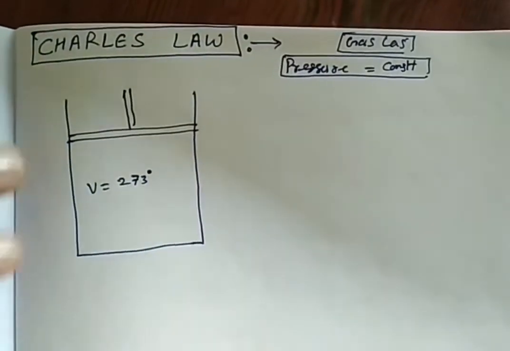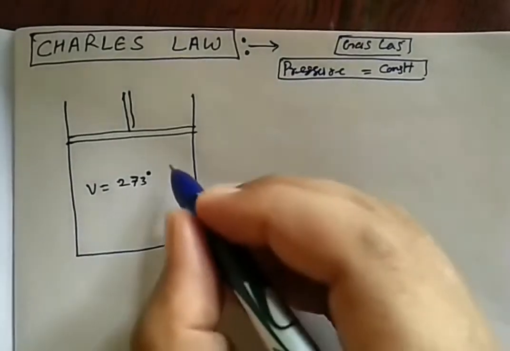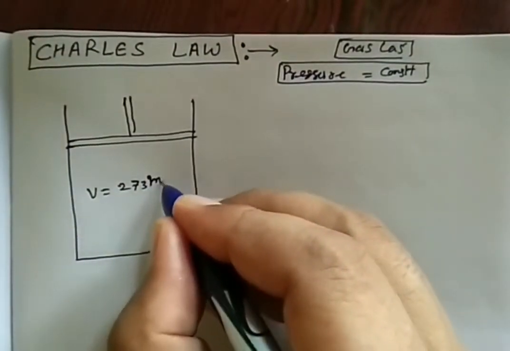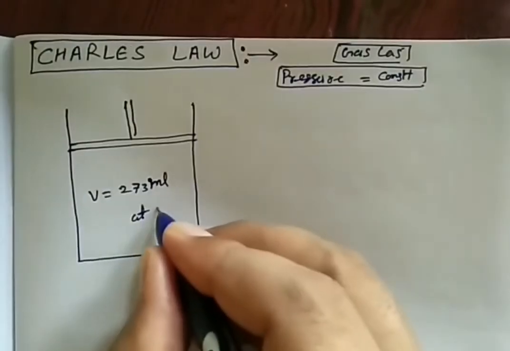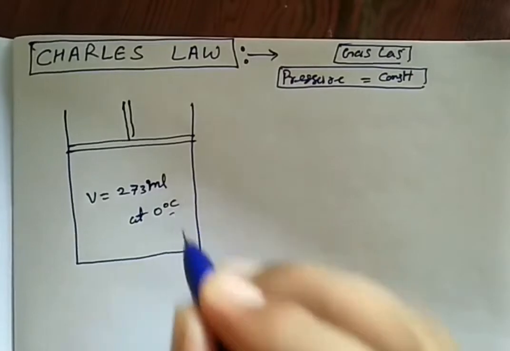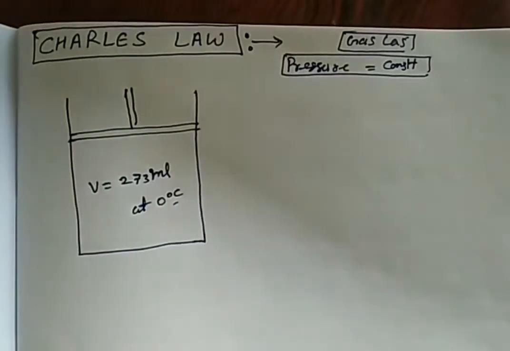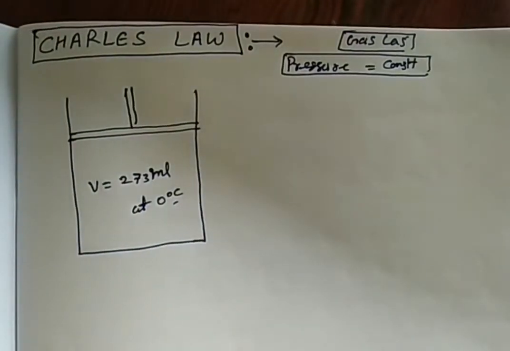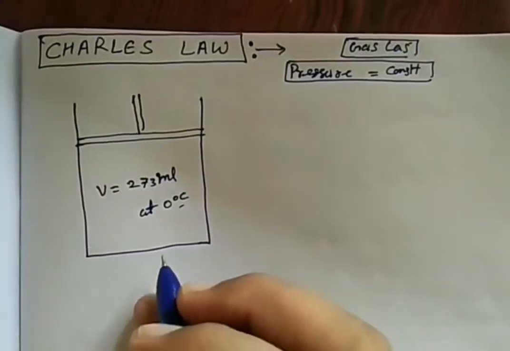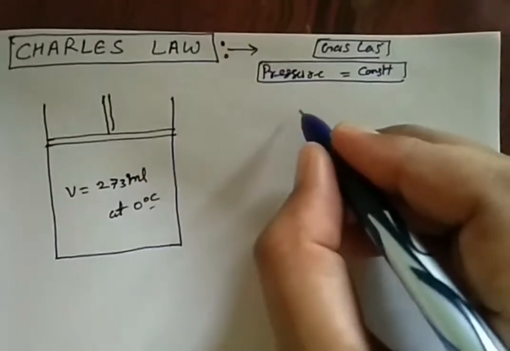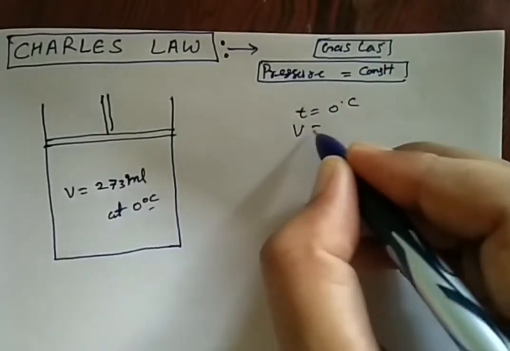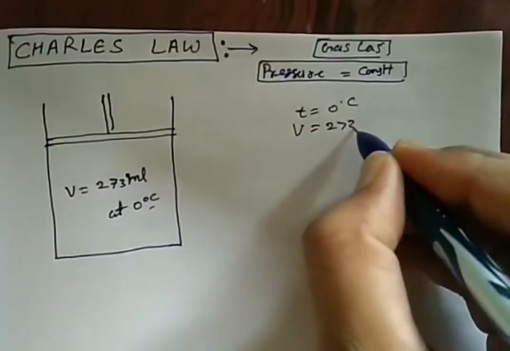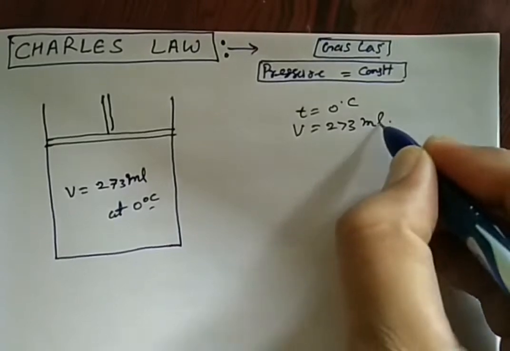The real gas, ideal gas, is filled at 0 degrees Celsius. See carefully, here in a vessel, temperature is 0 degrees Celsius, volume is 273 ml, right?